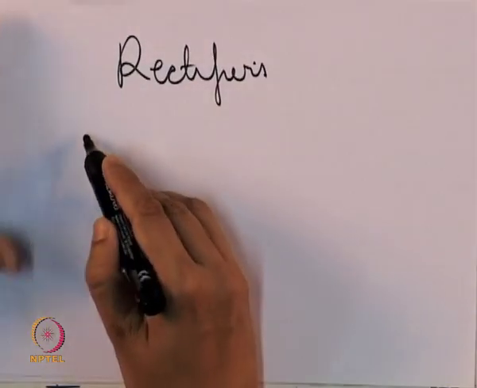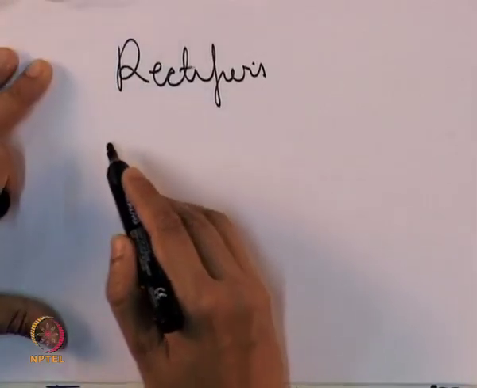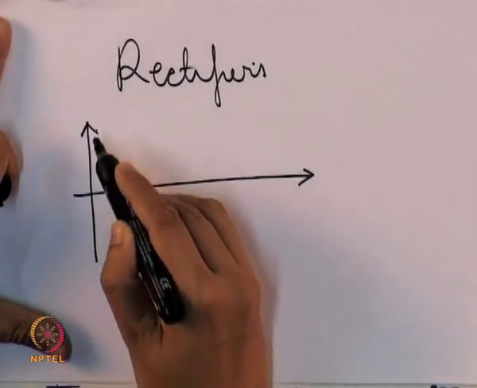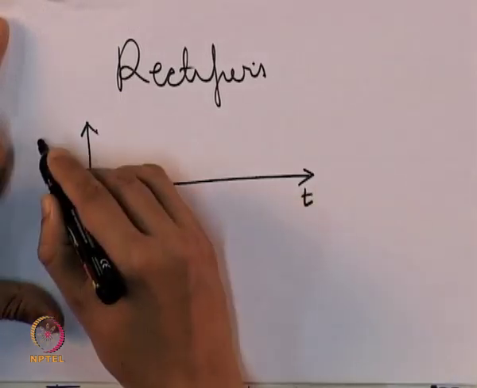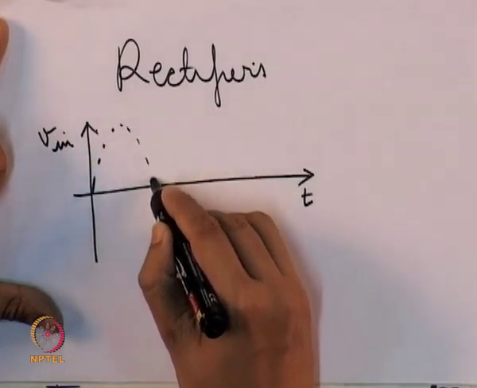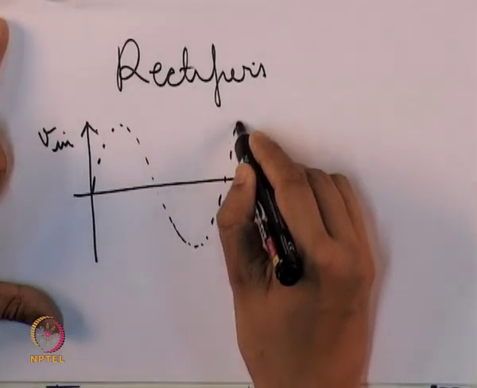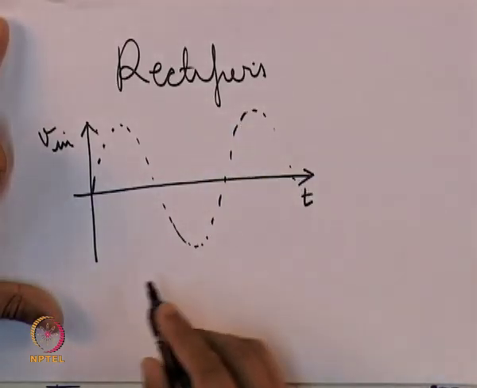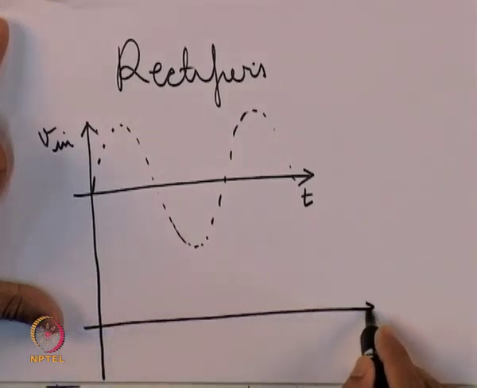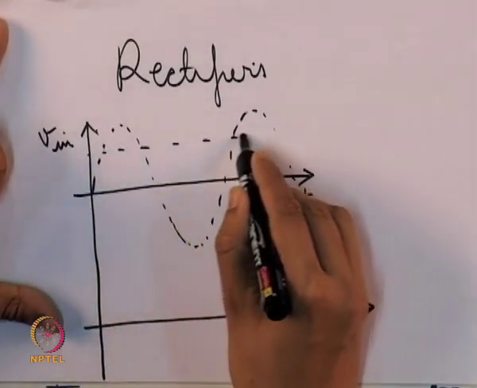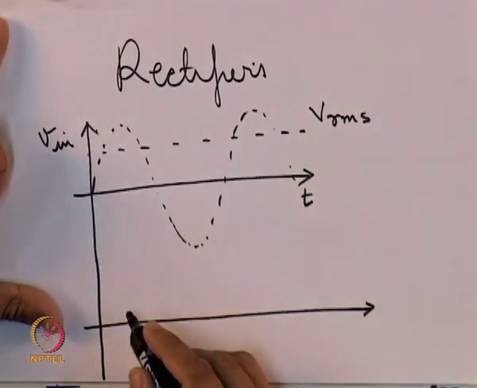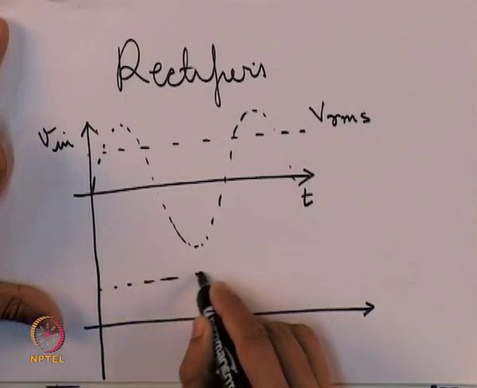So, ideally, suppose you have an AC signal like this, and let us say this is the RMS voltage. Then you should get an output which is like this.